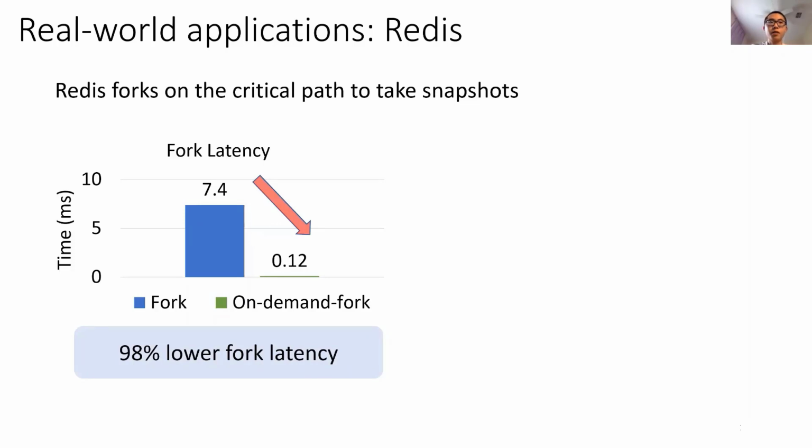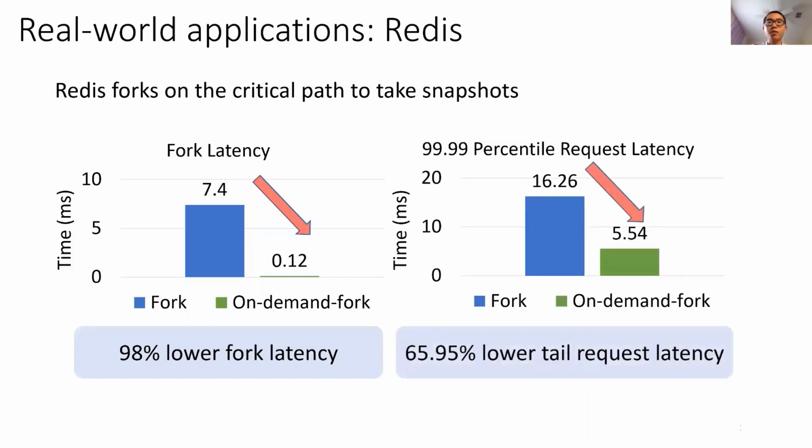When measured from the client side, on-demand fork gives Redis a 65.95% lower tail request latency at the 99.99th percentile. This improves the responsiveness of latency-sensitive applications and helps mitigate high tail latency in data center settings.